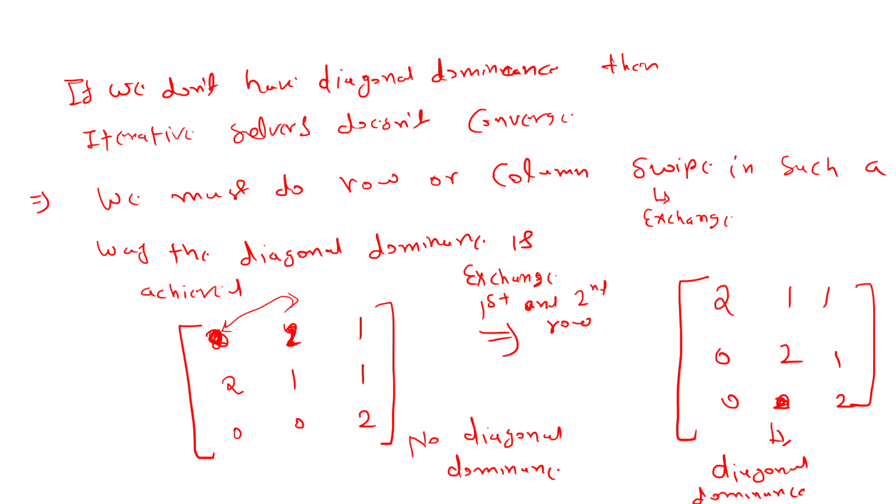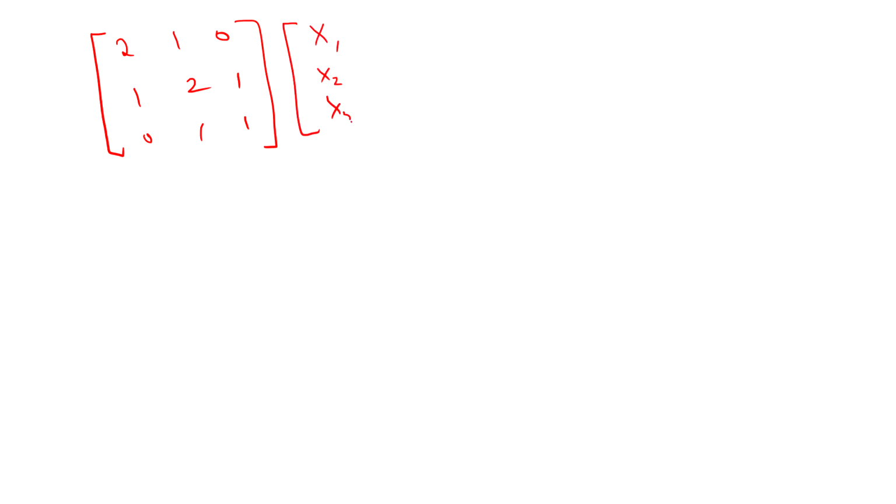So now let us take one example of the Gauss-Seidel method. We have the matrix 2 1 0, 1 2 1, 0 1 1, multiplied by x1 x2 x3, equal to 1 2 4.